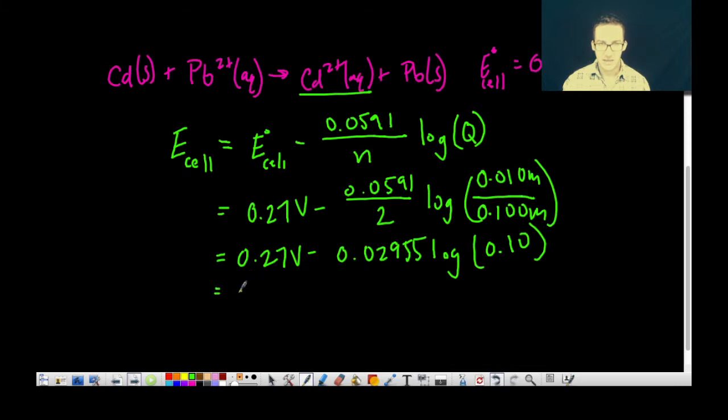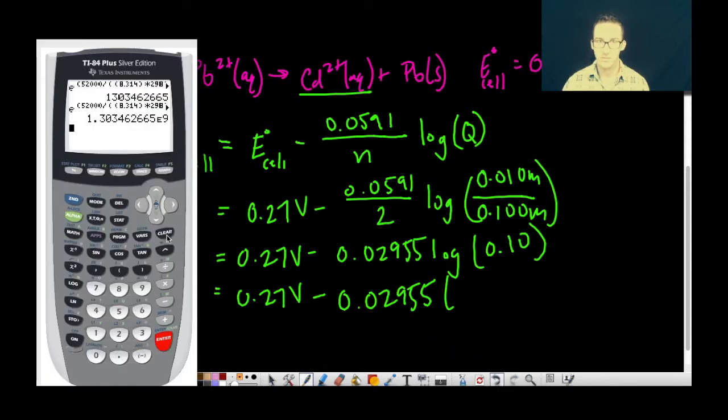We then get 0.27 volts minus 0.02955 times the log of 0.1, which is going to be -1.